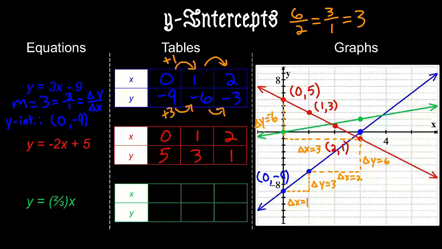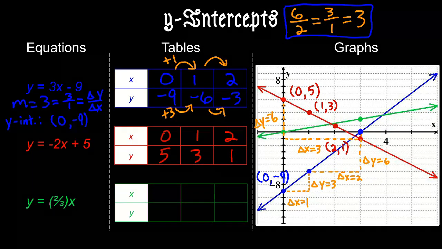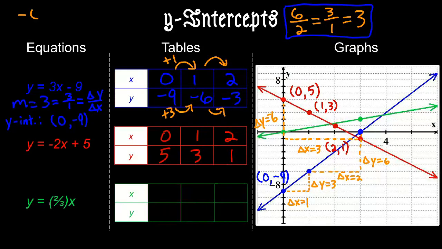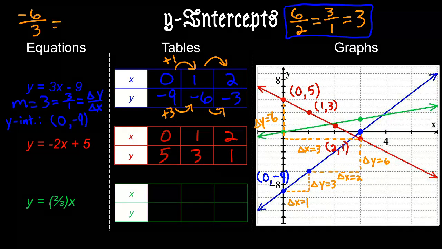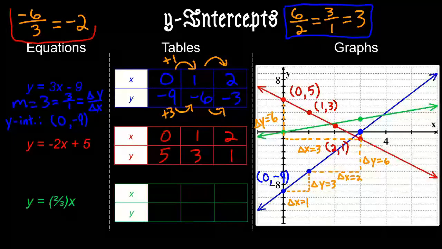So I'm going to put a blue around this because that's the slope of the blue one. And on the slope of the red one, we have a delta y of -6, and our delta x is +3, and that equals -2. I'll put a red box around that one.